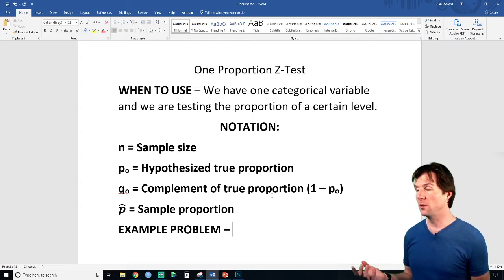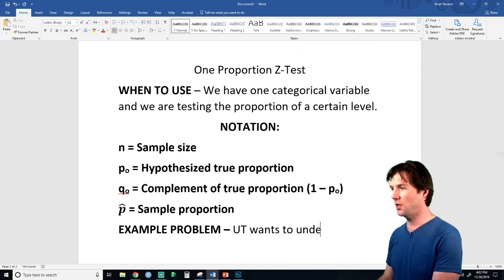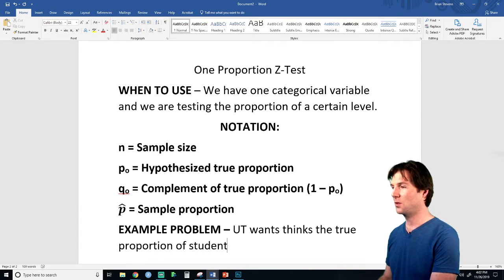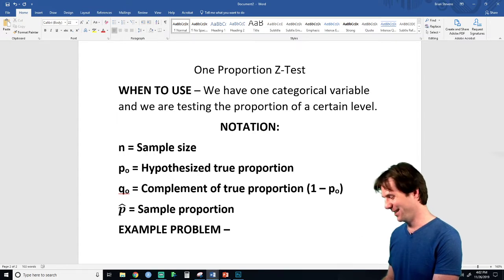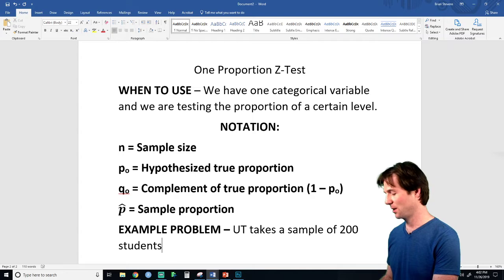Well, all we need to do is come up with a problem. UT thinks the true proportion of students who think... Let's start the question again. UT takes a sample of 200 students.